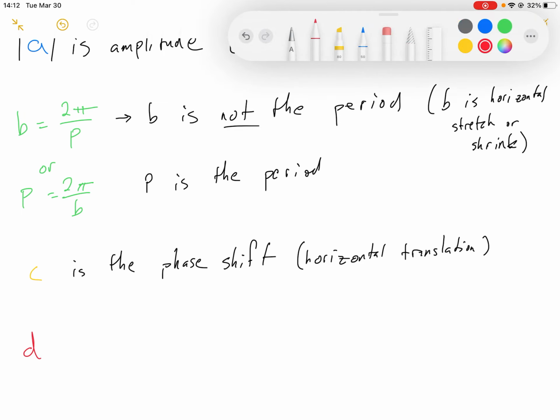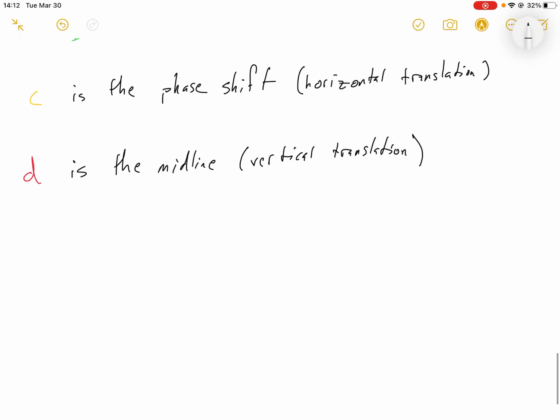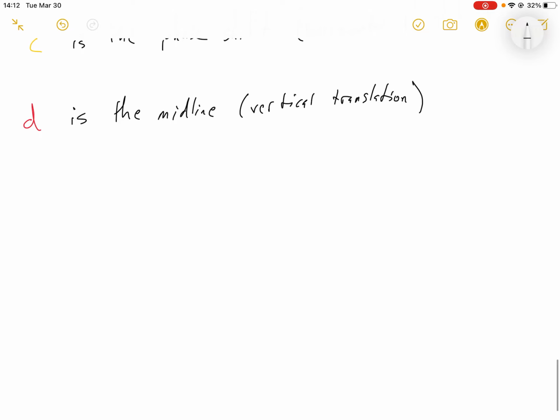Finally, we have D. So D is the midline or the average value, and this is the vertical translation. Okay. All right, so now we're all set to actually solve some problems out. So let's call this an example.